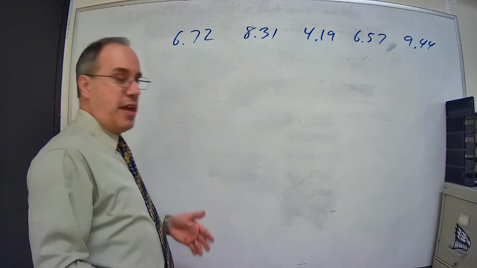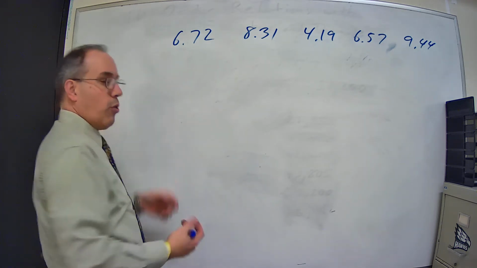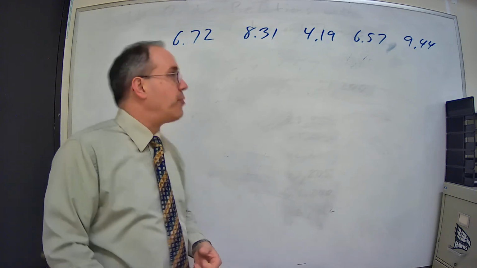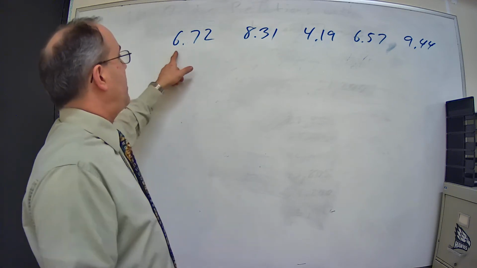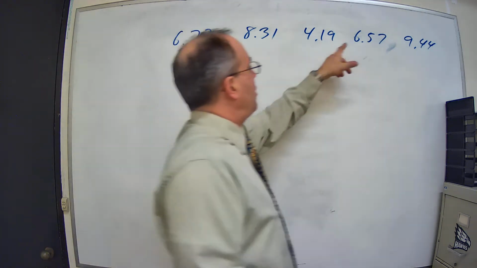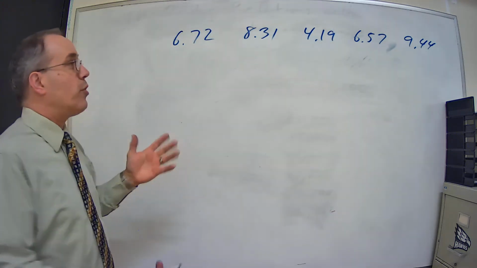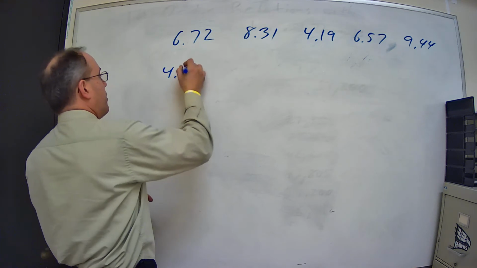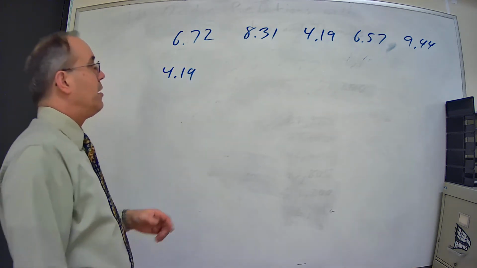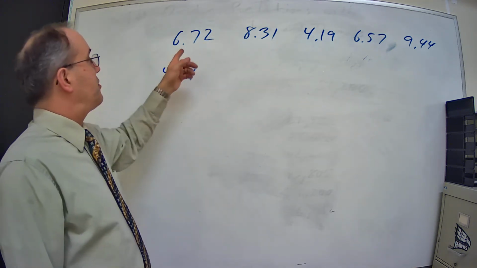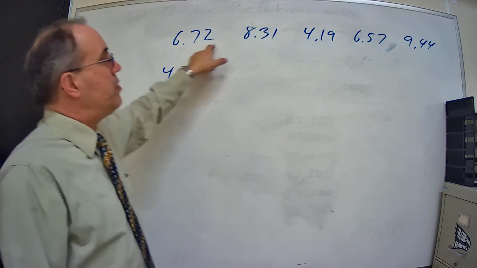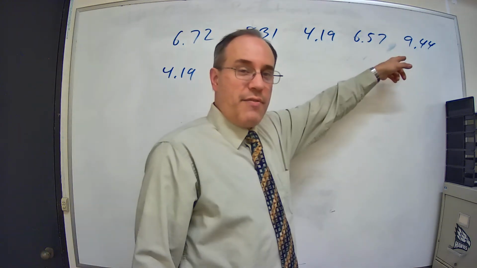And this time, instead of writing them down and then reorganizing them, I'm going to actually work my way through and say, okay, so we've got 6, 8, 4, 6, 9. The smallest one was 4, so 4.19. Nothing in the 5. Then 6, we've got 6.72 or 6.57.